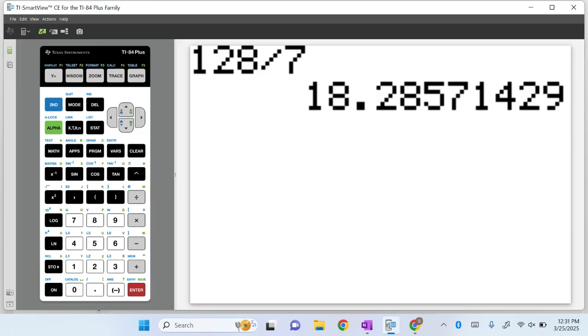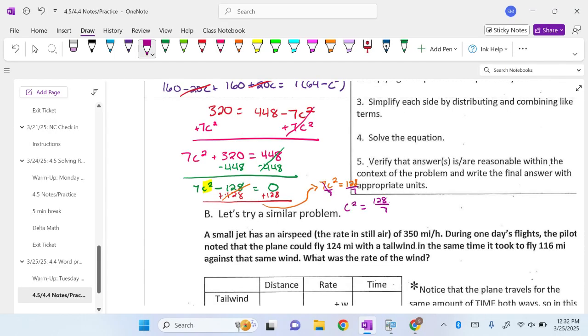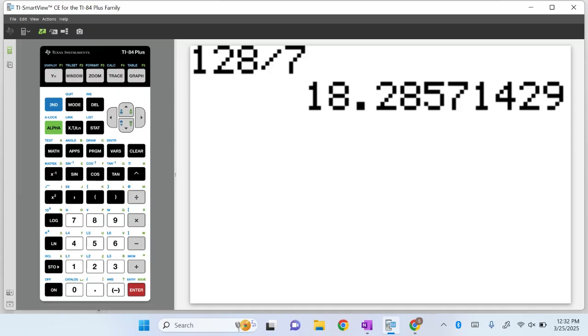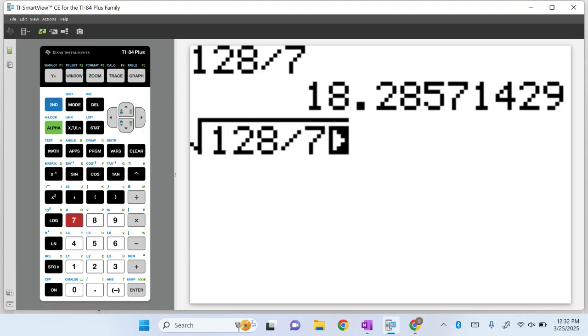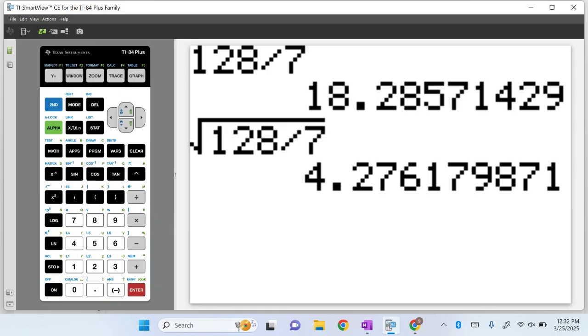All right, then we just need to take the square root of both sides to get rid of the c squared. So my suggestion to you is we're going to have a rounded answer. So I'm going to do the square root of 128 divided by 7, and we get about, let's say, 4.28 for our answer.